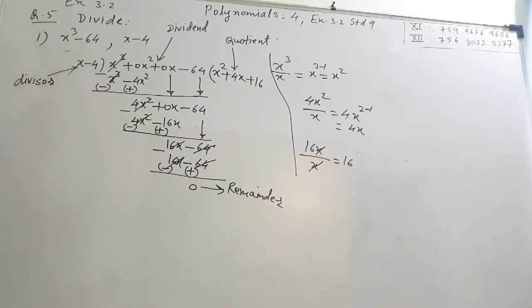These are all the names you have seen in the lower standard. And now I have to write it. Dividend is equal to divisor into quotient plus remainder.